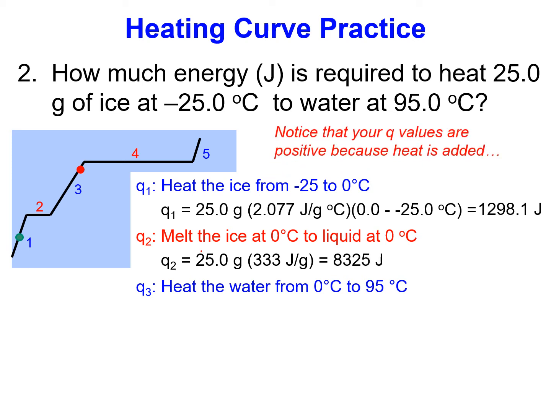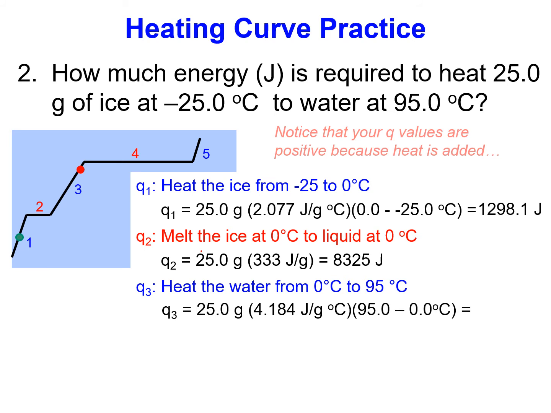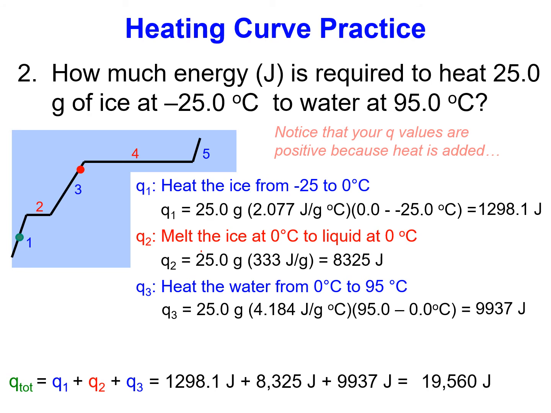And then the last one is the 25 grams times the specific heat of the liquid and your final temperature minus your initial temperature. In order to get them all, you have to add all three of them together to get the total heat.